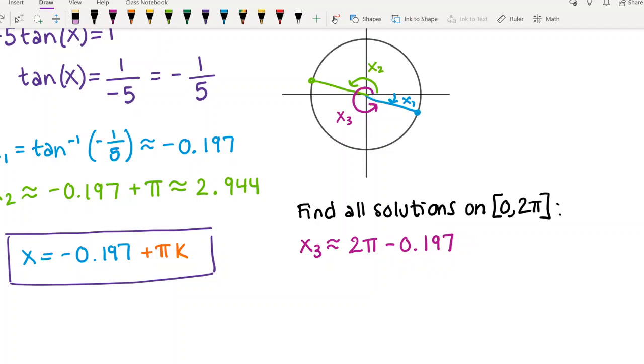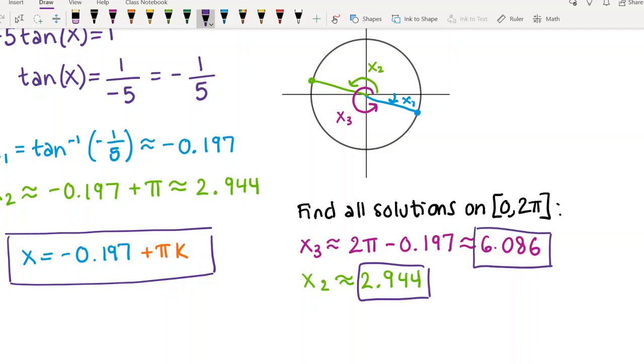So this one is approximately 6.086 radians. So if you were asked to find only the answers that are between 0 and 2 pi, this one and this one would be your two answers.